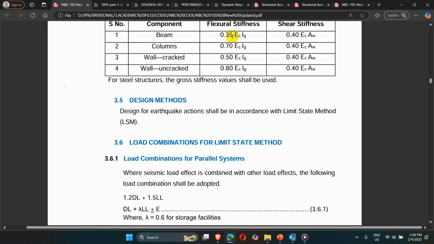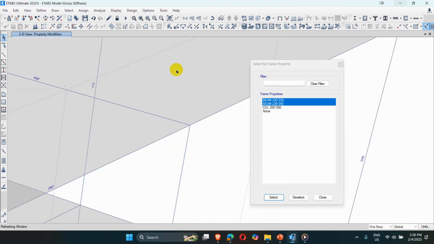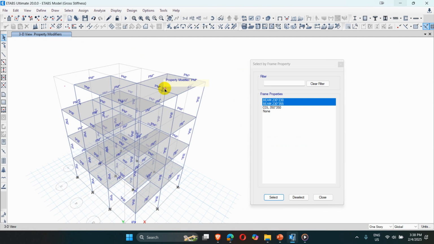Okay, 0.35 for beam, 0.7 for column, 0.5 and 0.8 for cracked and uncracked section of wall. So there is no property modifier for the slab.